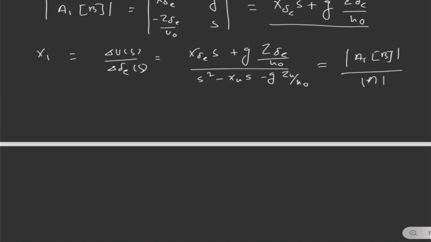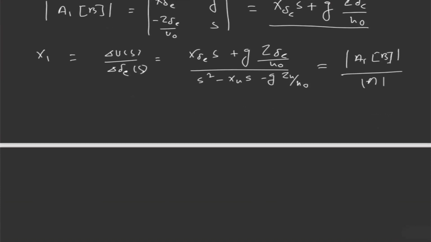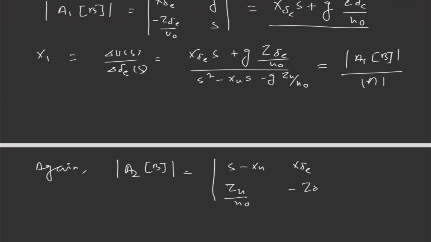Now we'll find the second transfer function, which is basically delta theta(s) divided by delta elevator(s). In this case, again we have to find the A2 B vector, for which we can form the matrix s minus Xu, X delta E, 0 divided by U naught, Z delta E divided by U naught.